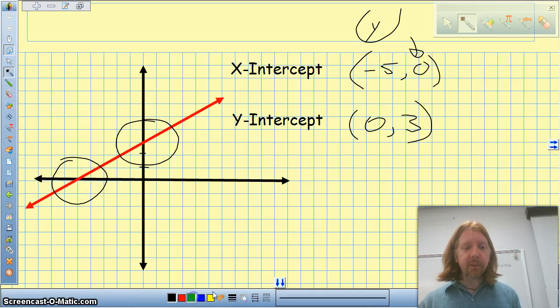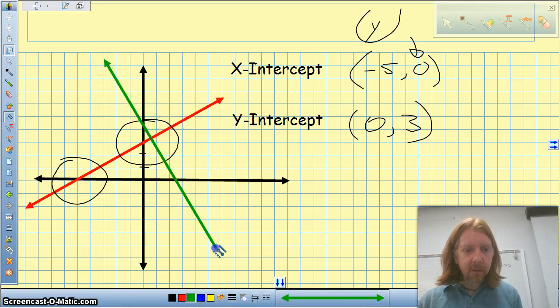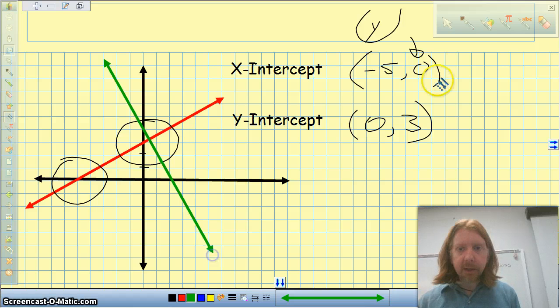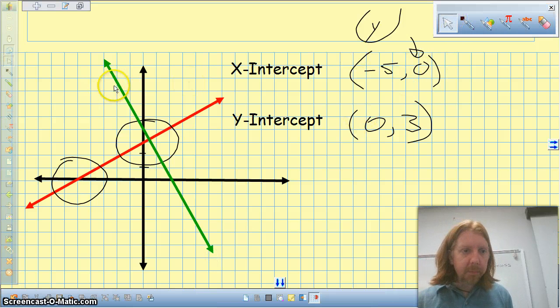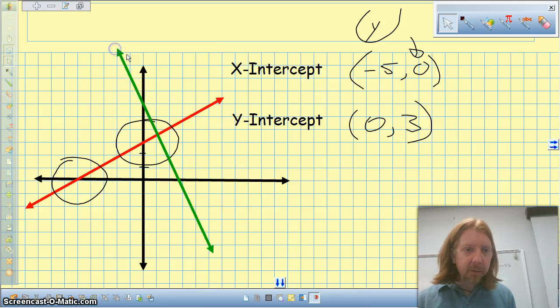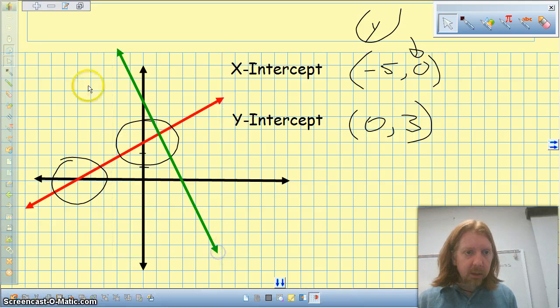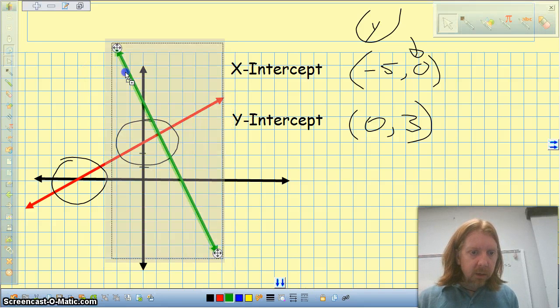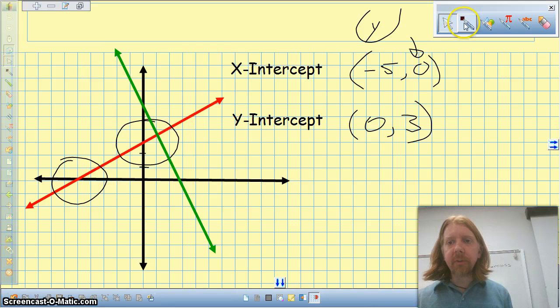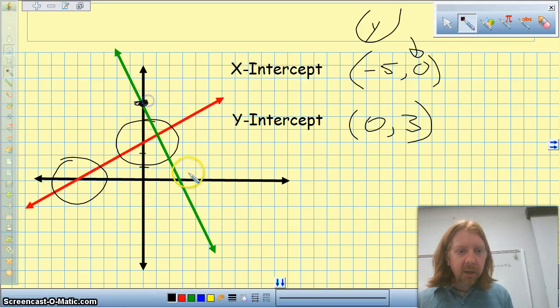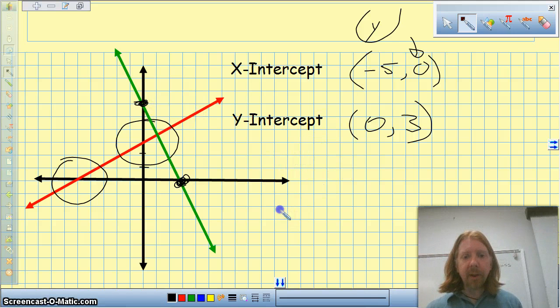If I were to do another one, let's do a green line, keeping my black marker. Say I've got one that looks kind of like that. Let me clean that up so it lines up a little better. Okay, close enough for our purposes. I've got an intercept here and an intercept here.